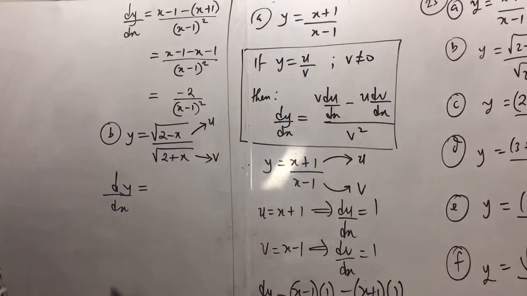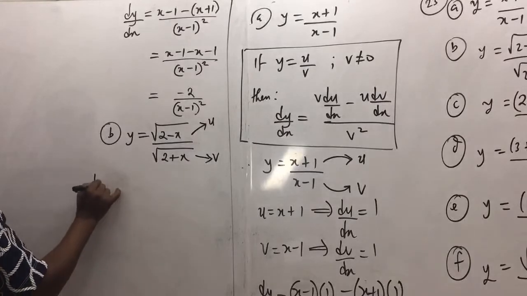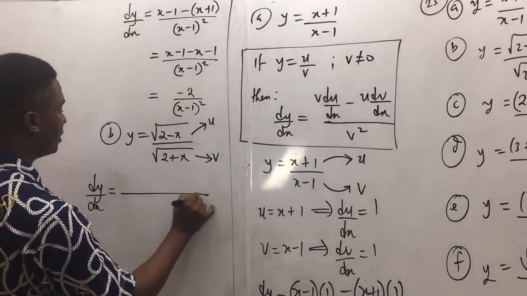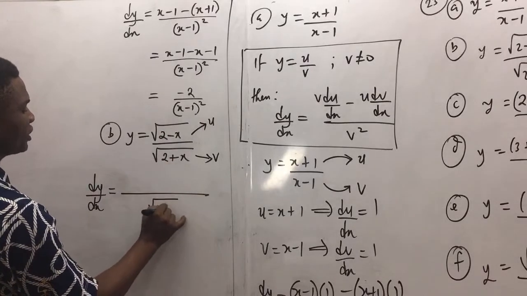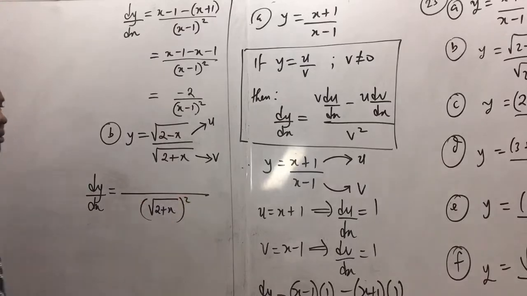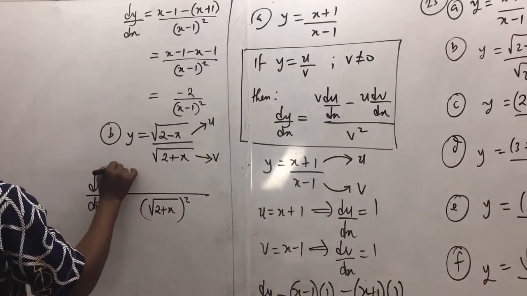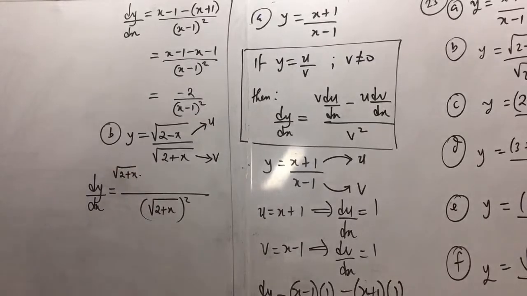So dy/dx, to start with, your v squared will be the square root of 2 plus x all squared. And your v, which is this, will be the square root of 2 plus x times your du/dx.